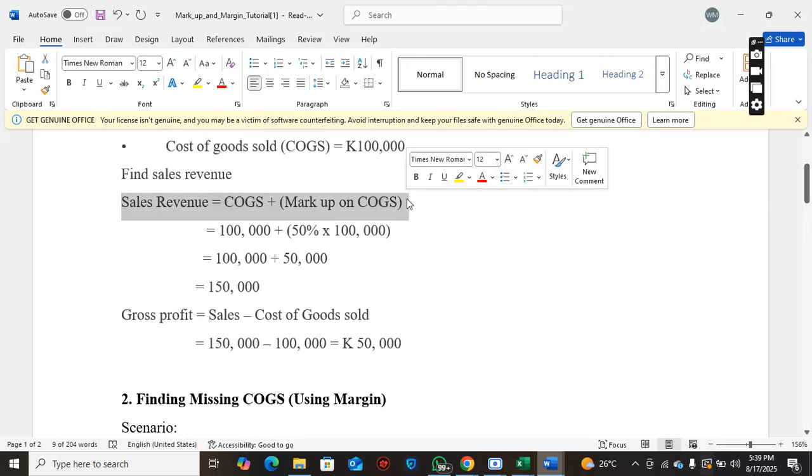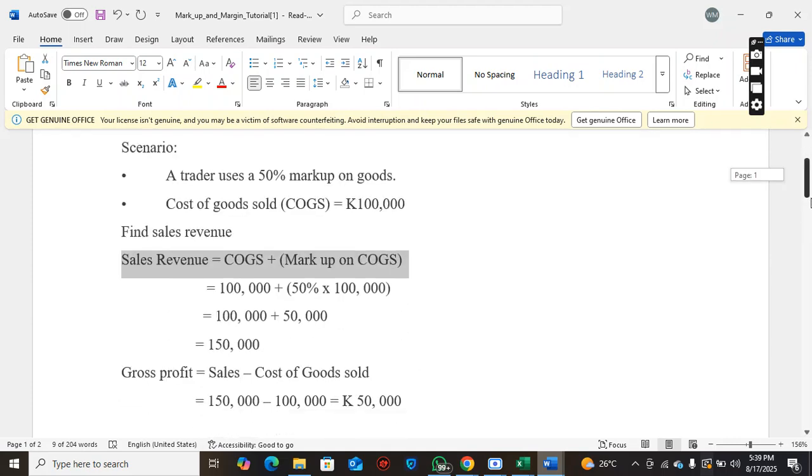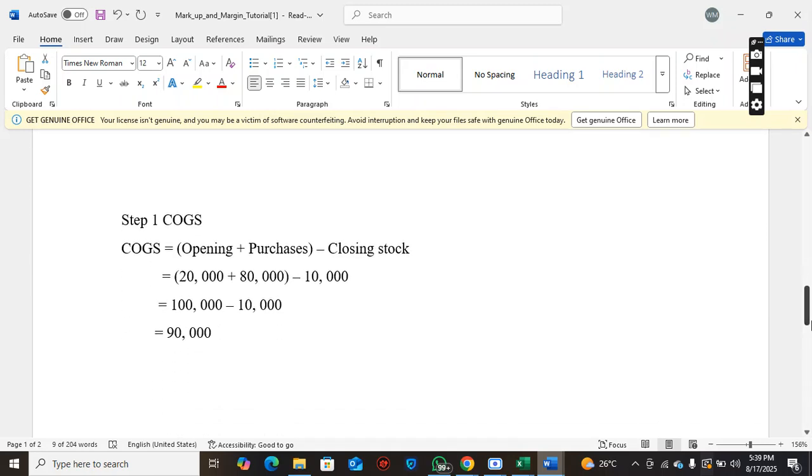Remember the definition of markup: it's the percentage that is added to the cost price to determine your sales revenue or your selling price. Since we've got our cost of goods sold, we just need to get the figure for the markup, and once we add it to the cost of goods sold, that is our sales revenue.